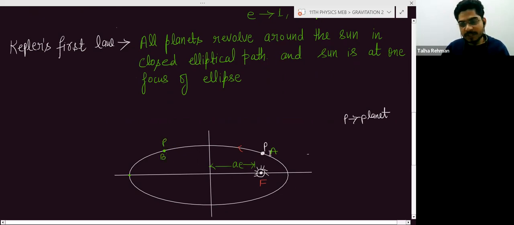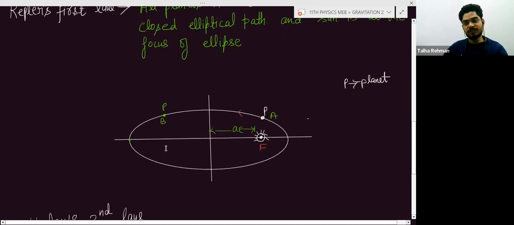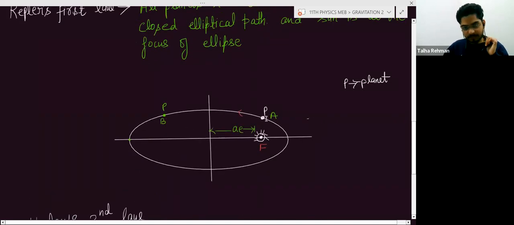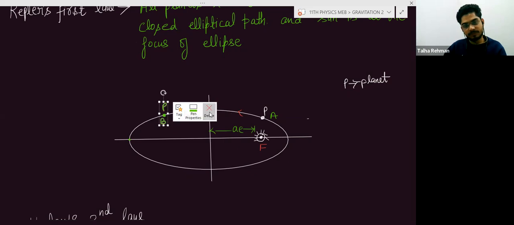So the speed of this planet will be more at A position as compared to the B position, because it is nearer to the sun here, and at this point the planet is far from the sun as compared to this point.